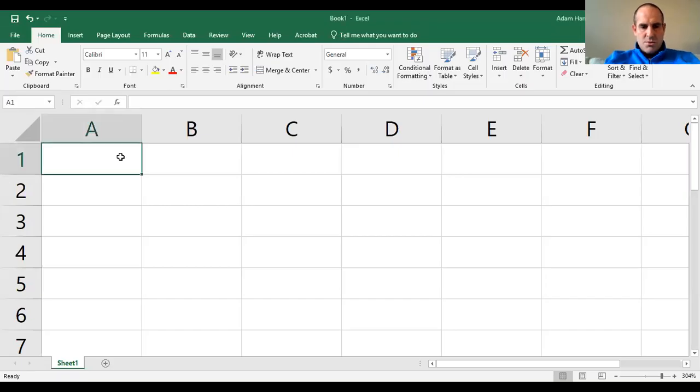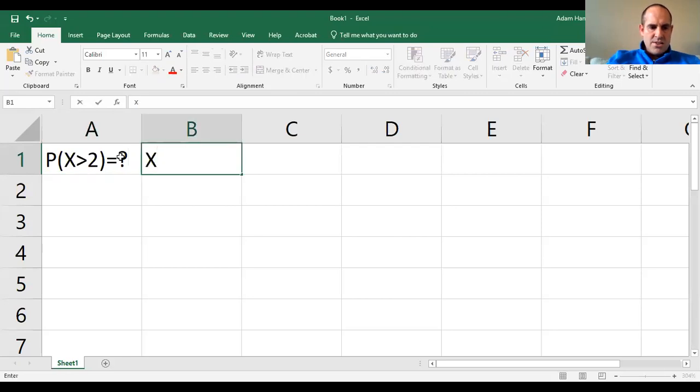I want the probability that X is greater than 2. And what's true about X? X is distributed as gamma, the gamma distribution with alpha, I'm going to put A for alpha, equal to what?